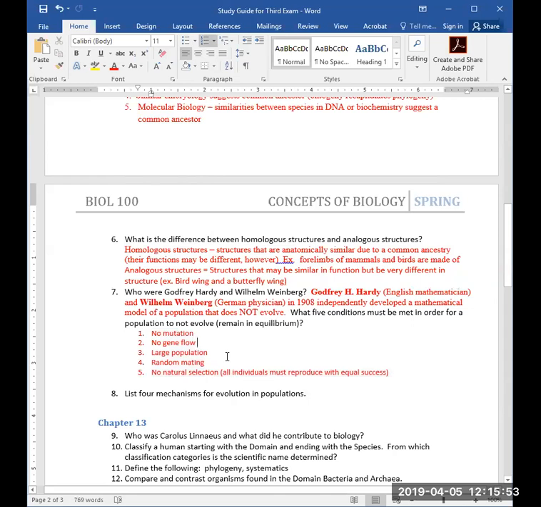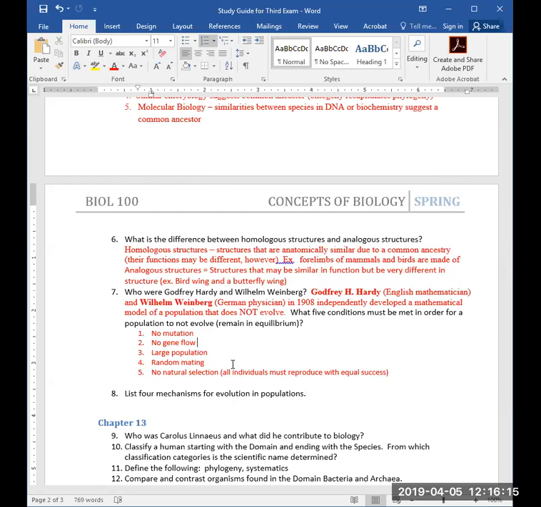The population has to be really large. And there has to be random mating, meaning there can't be certain characteristics that give an individual an advantage, or something that is desirable above somebody else.